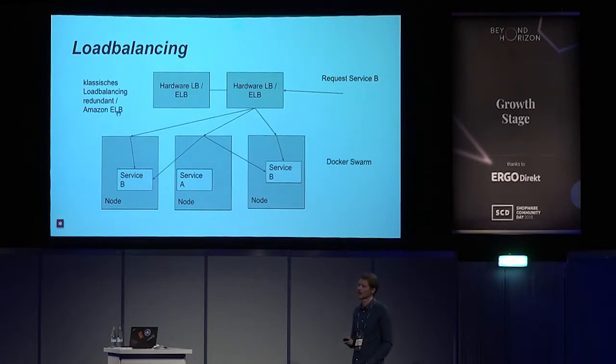So we use classical load balancing, which could be hardware in a computing center, or if you started the instances in Amazon, it would be the Elastic Load Balancer in Amazon, which needs to locate the individual nodes, i.e. the nodes in your cluster, but does not have any information about the services. You could actually have all the services as AP or something else, and then you would have that and distribute that to the different nodes.